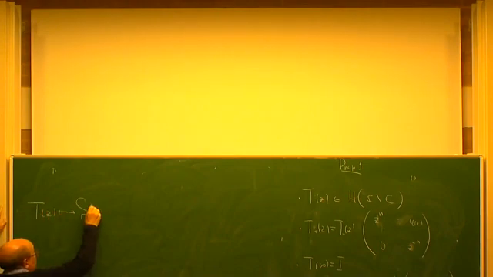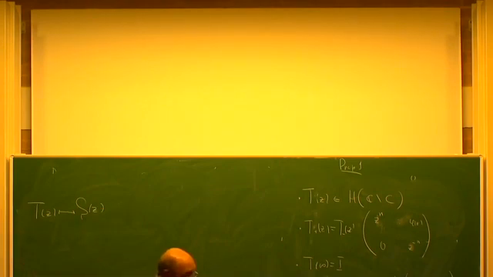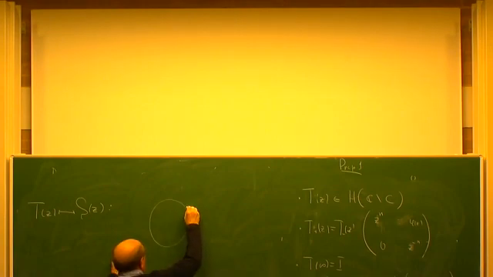Now the next is going from T of z to S. And this is where I'm going to use my assumption about phi. So my S of z is defined in the following way. This is my original unit circle.